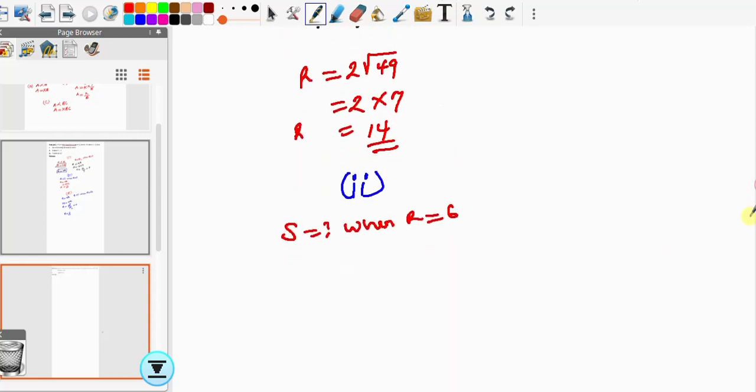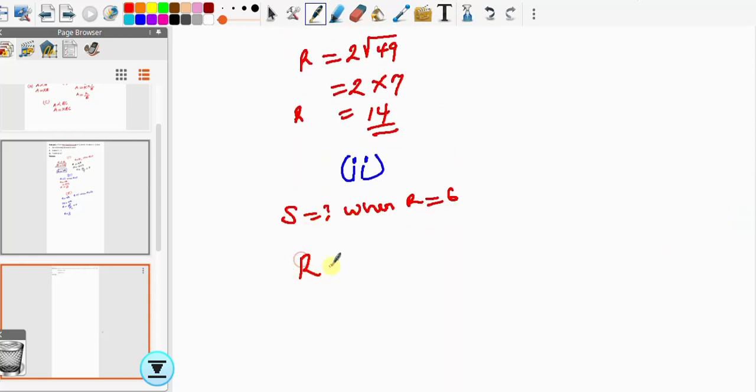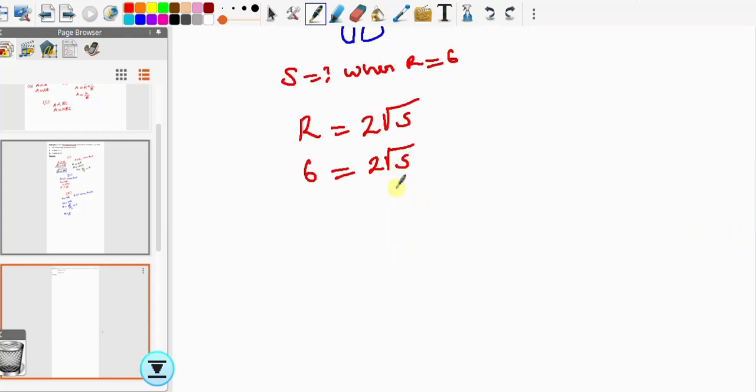Which is r equal to 2 square root of x. R is given, which is 6. We have 2 square root of x. Alright. So from there, let's divide both sides by 2. We have square root of x will be equal to 6 over 2, which is 3. Right? We have square root of x now will be equal to 3.